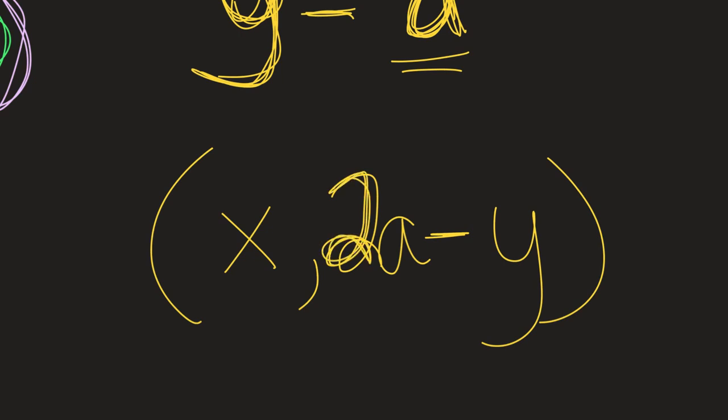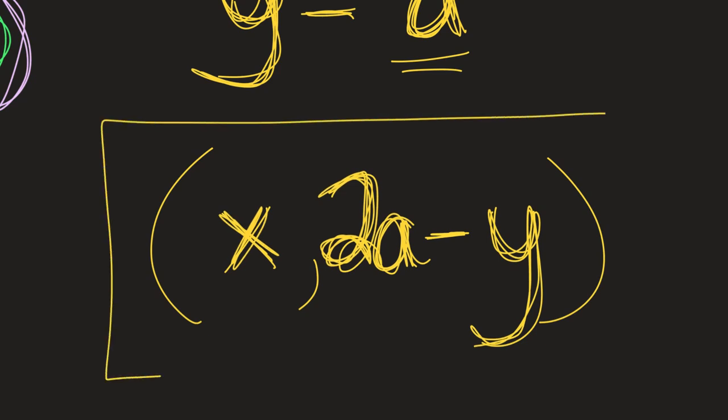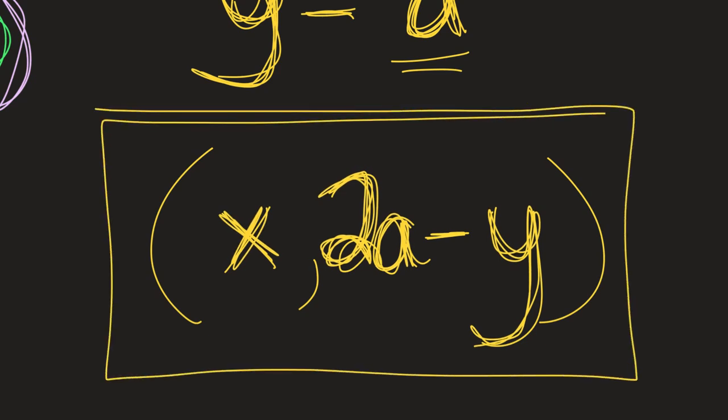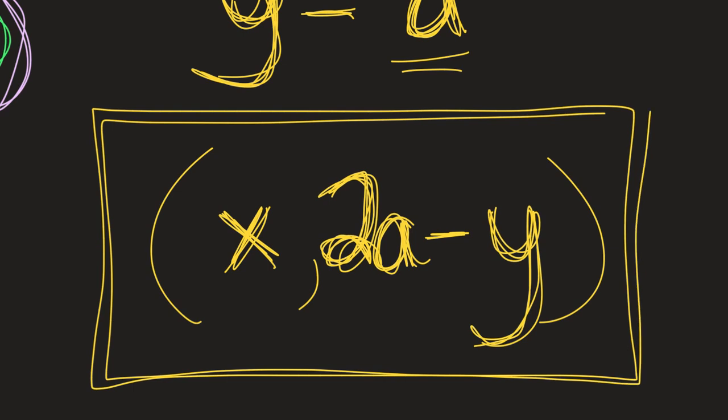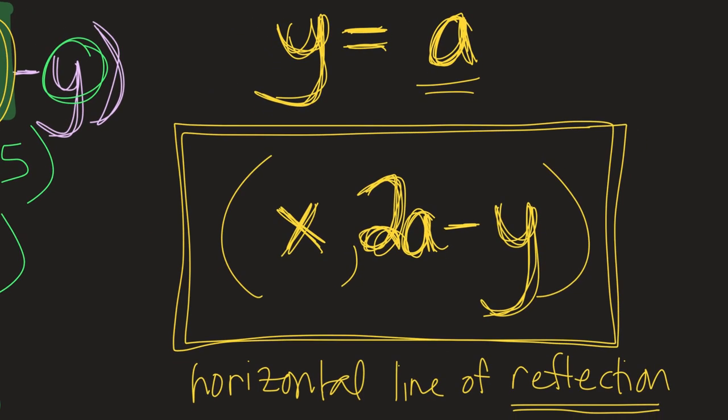We double your value for your horizontal line, and you subtract the y value from any given point. So this is your rule if we have a vertical reflection, aka a horizontal line of reflection. Sorry, I said line of transformation. We're going to double the horizontal line of reflection value.